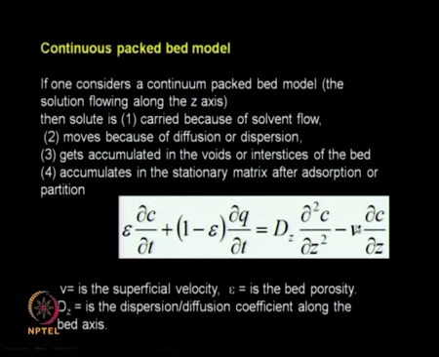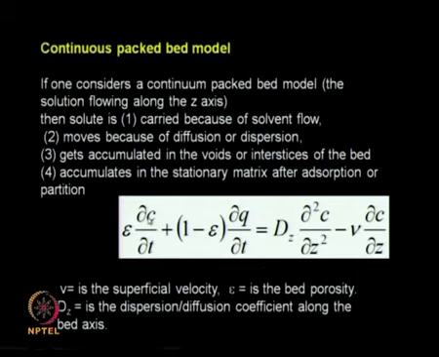V is the superficial velocity of the solvent, C is the concentration of the solute, Z is the bed axis. So this is the concentration of the solute along the packed bed. This term arises because of the diffusion of the solute in the column, this term arises because of the movement of the solvent, and on the left hand side we have all the accumulation terms.